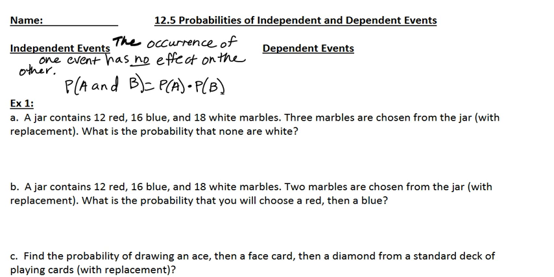Now something is considered a dependent event if the occurrence of one event does have an effect on the other. The occurrence of one event has an effect on the other.